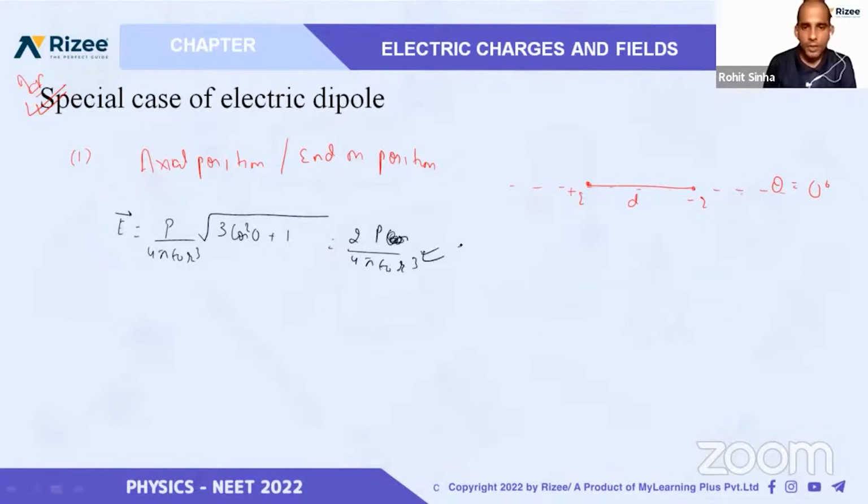Or we can write it as qd replaced for 2p, by 4 pi epsilon naught r cube. This will be the magnitude of the electric field at the axial position.